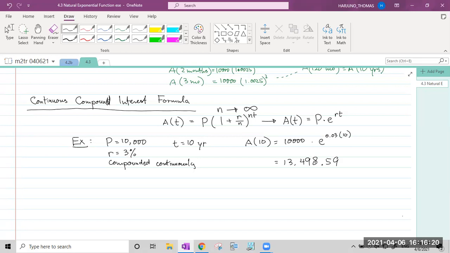But not only those though, we use E in a lot of things. And another use of E is in predicting our pandemic. So this E is a very, very far-reaching number.